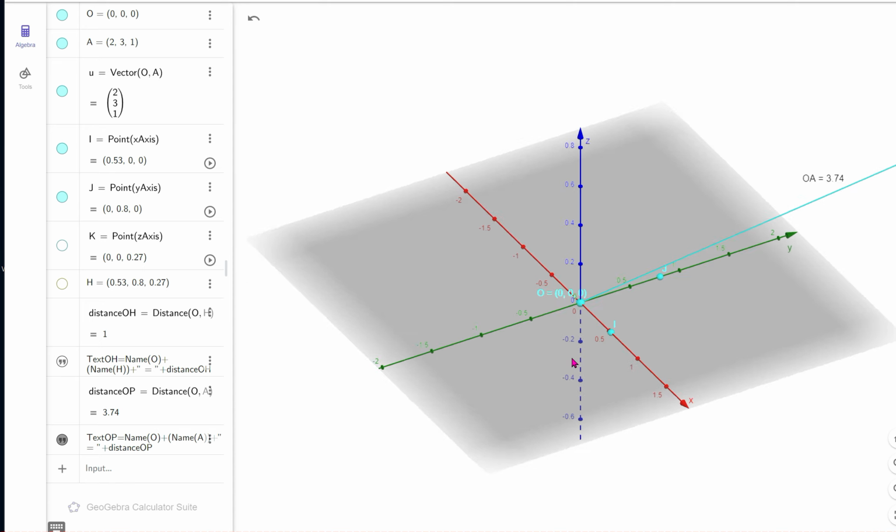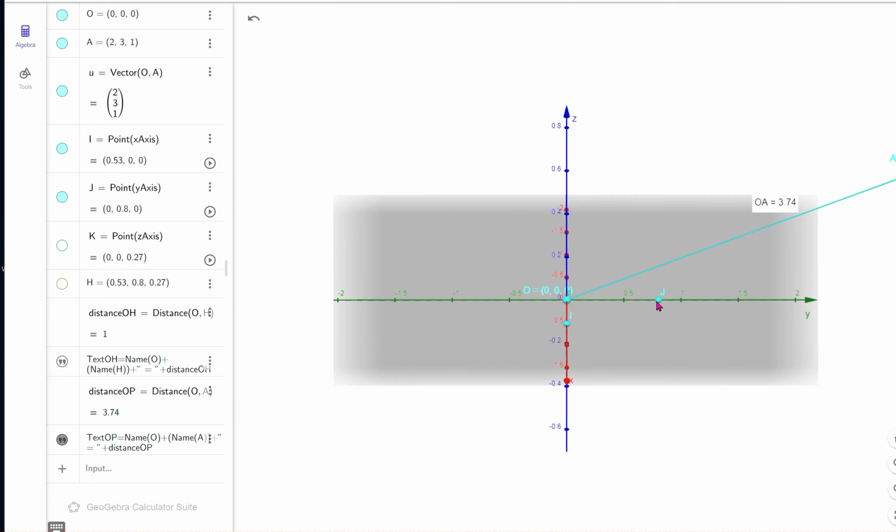Along the y-axis you have the j component, which is 0.8, and along the z-axis you have the k component, which is 0.27. If you draw from here the i component, go until the j component, and go up and touch the vector, that will give you the position of the unit vector. It will give the coordinates of the unit vector.